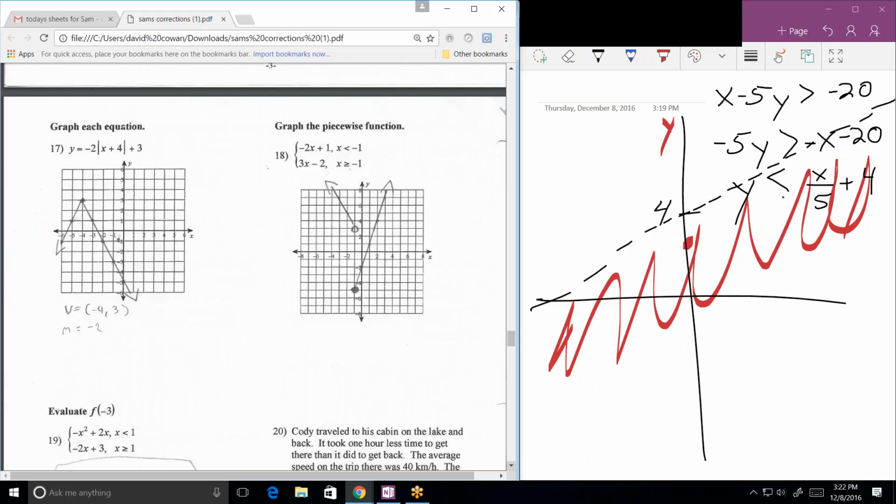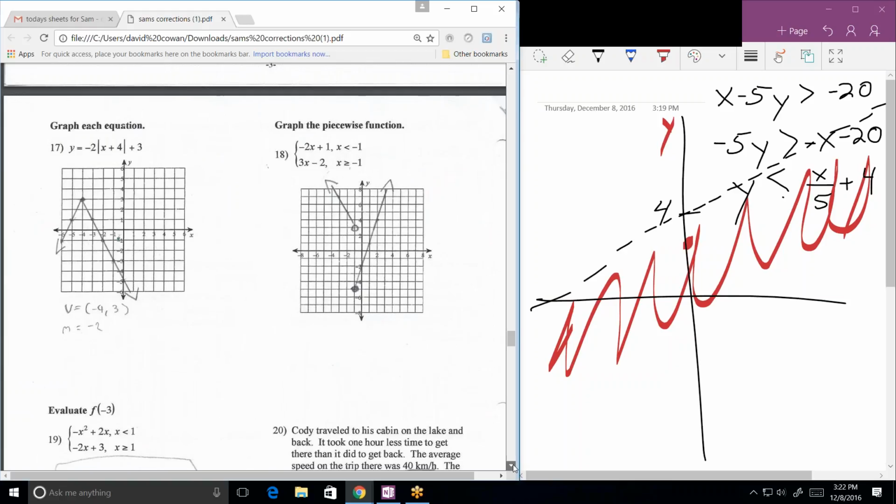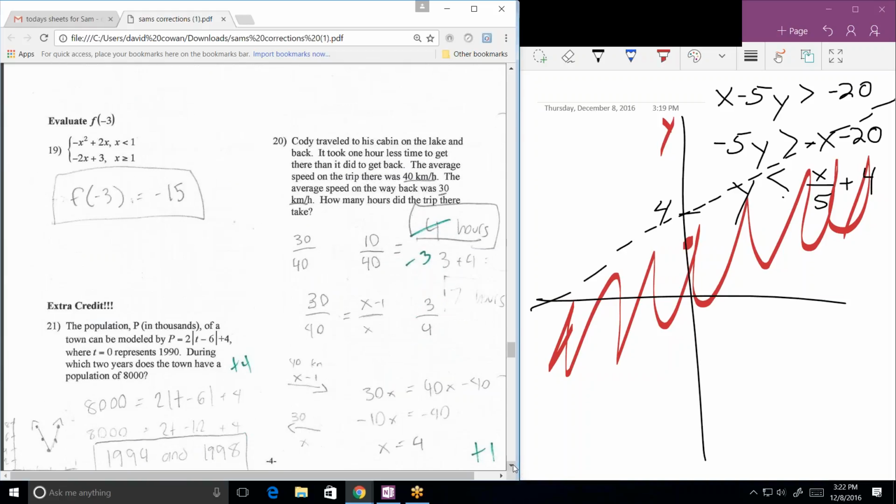We need to do these? No, if there's nothing wrong, then we don't have to. Well, it doesn't look like it. Oh, okay, so you did them, they're right. So number 20.